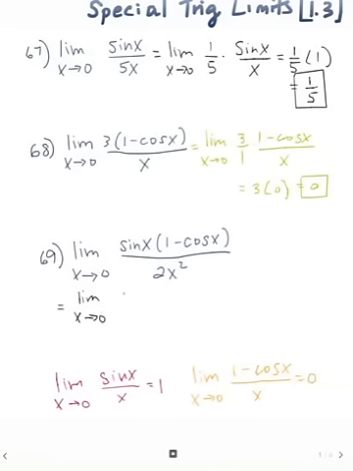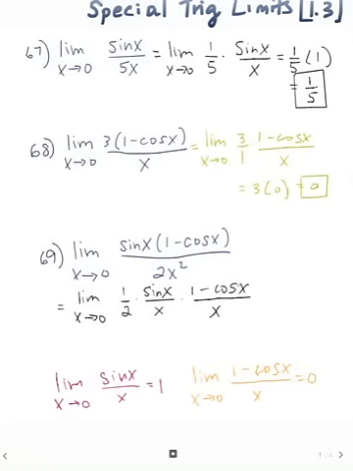So I'm going to say the limit as x approaches 0 of 1/2 times sine x over x, so I've taken care of one of these x's, times 1 minus cosine x over x. So again, the bottom is 2 times x, or 2x squared, and the top is sine x times 1 minus cosine x.